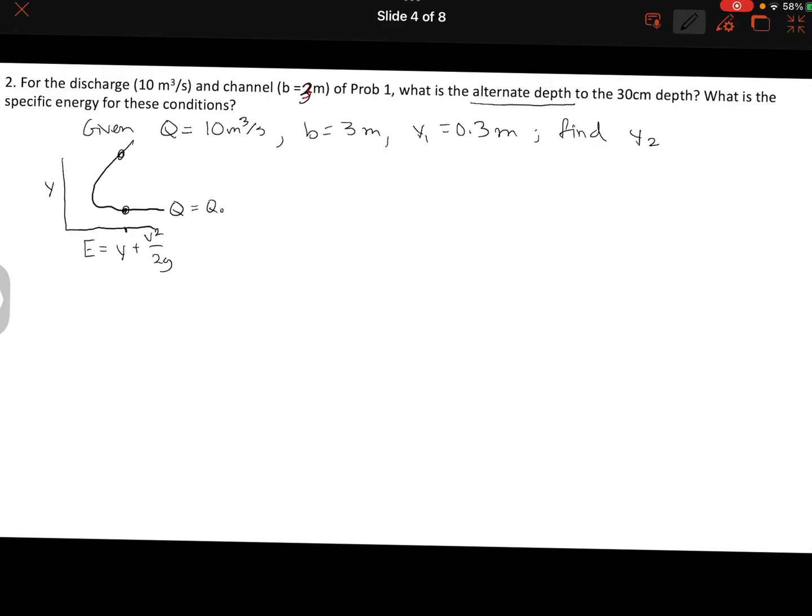The smaller y is associated with the supercritical flow, and the larger y here is associated with the subcritical flow. So we know from the previous problem that this y of 0.3, our smaller y, is associated with the supercritical flow. So what we're being asked to find is the subcritical flow depth associated with that same specific energy and that same volumetric flow rate.